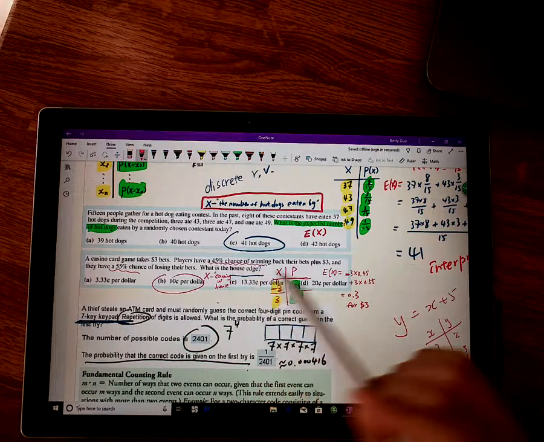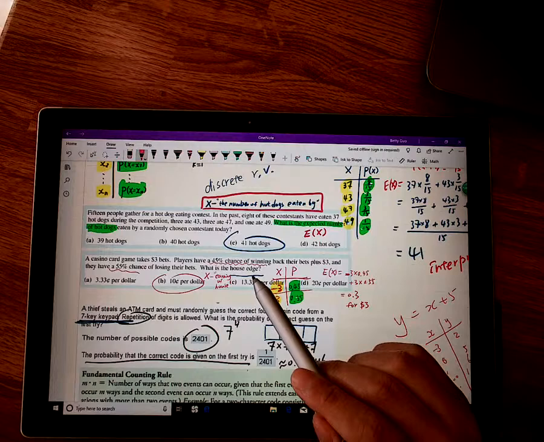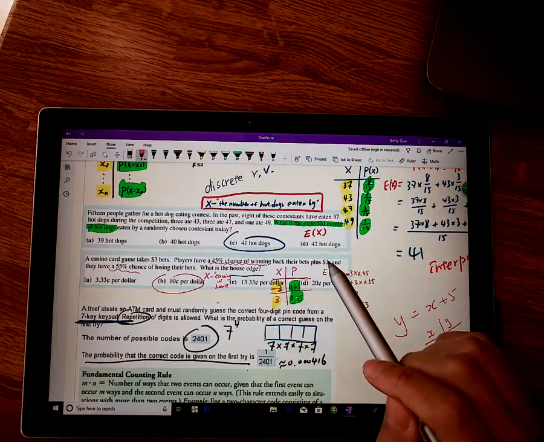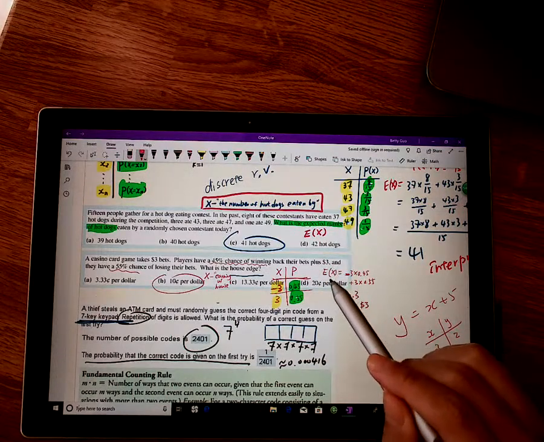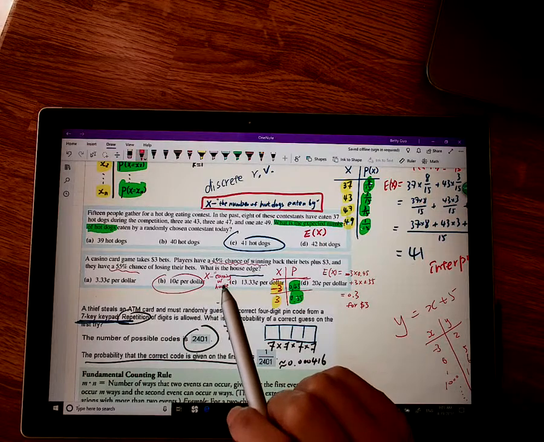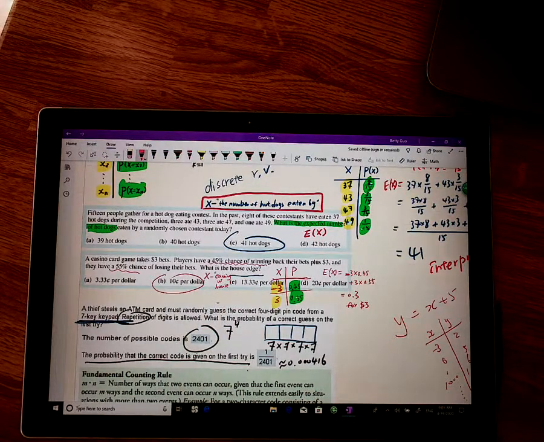The house edge here is the expected profit of the casino for your $3 bet. So we are looking for E of X. Then we need to figure out what X is. X here is the profit of the house, or the earning. Earning is similar to profit, right?